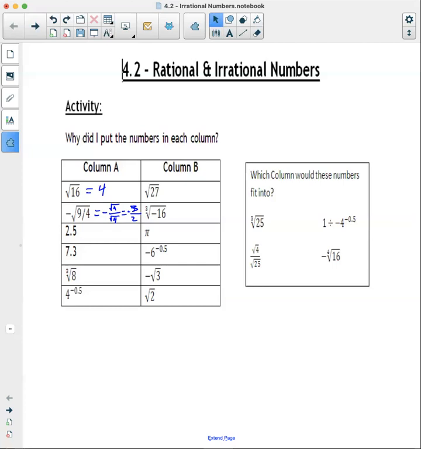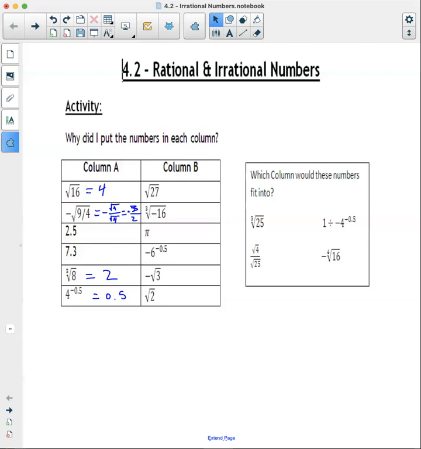Cube root of 8 is 2. And 4 to the negative 0.5 exponent equals 0.5. Note that these are all whole numbers or fractions or numbers that have terminating decimals.